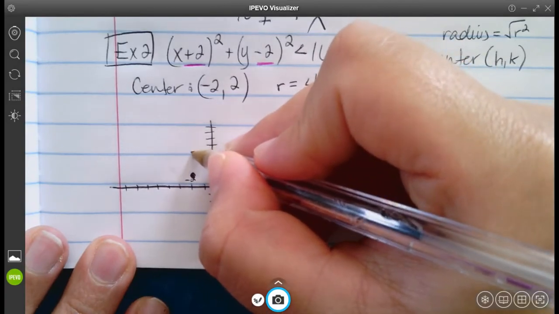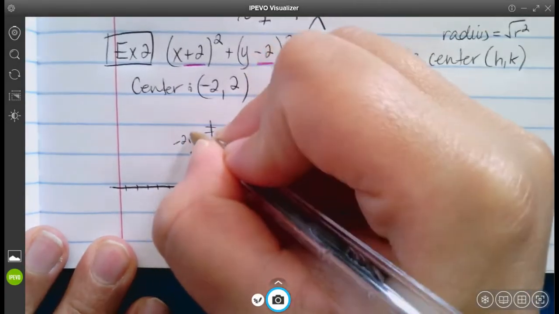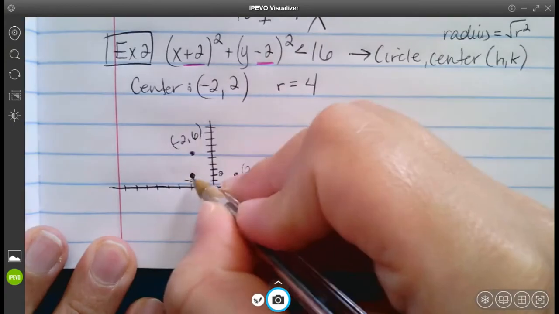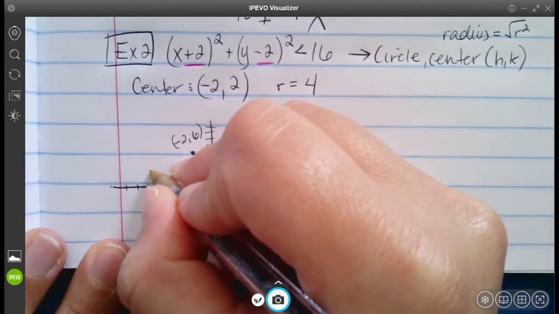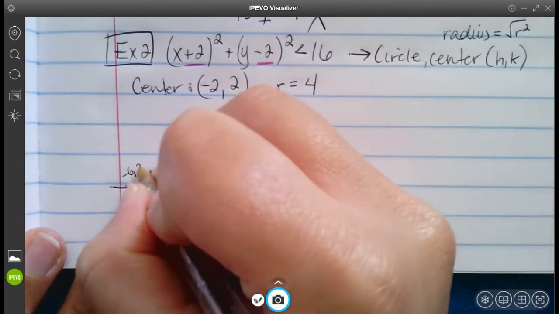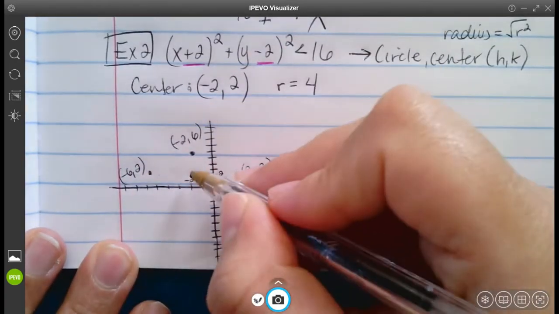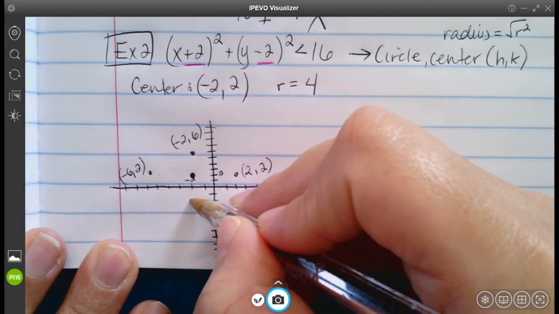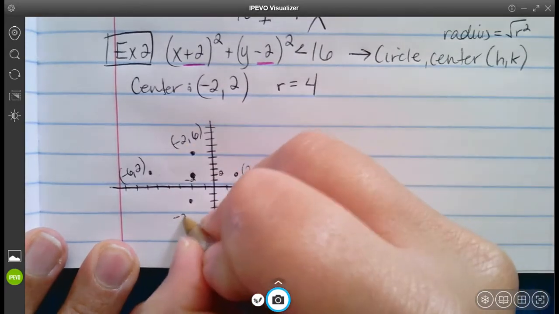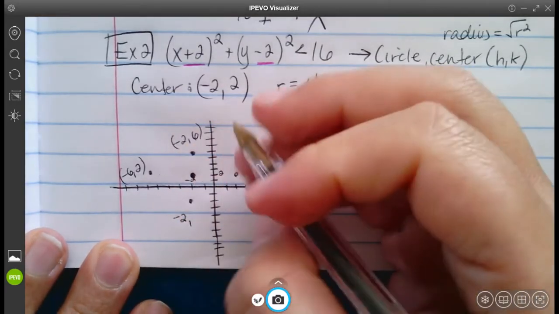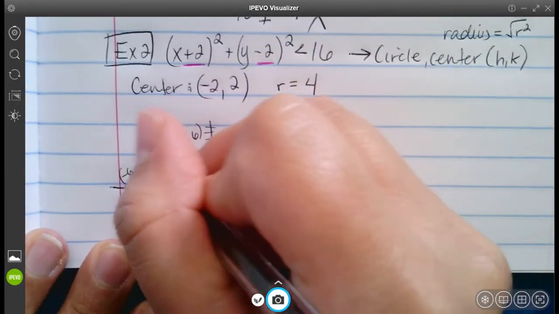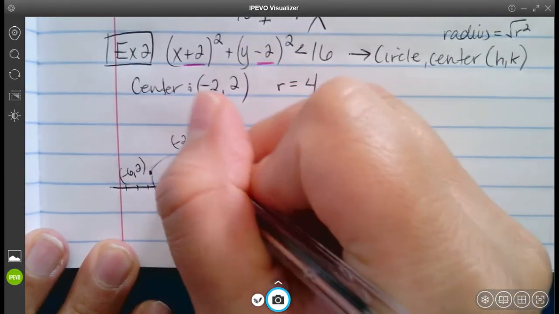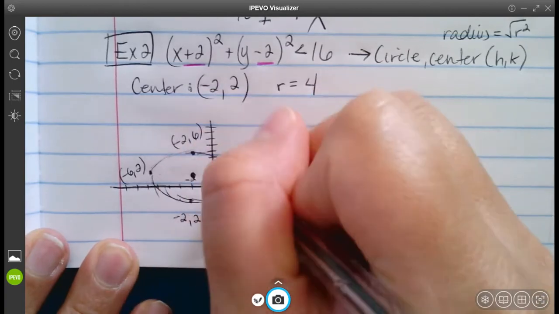So here at -2, 6. 4 across, so same deal, 1, 2, 3, 4, which would be -6, 2, and then 4 down. So 1, 2, 3, 4, which is going to be -2, 2.